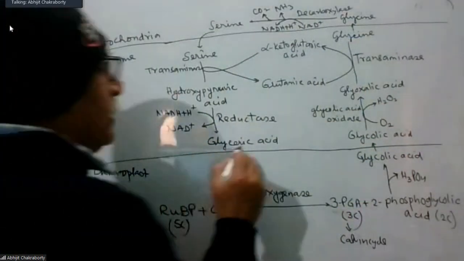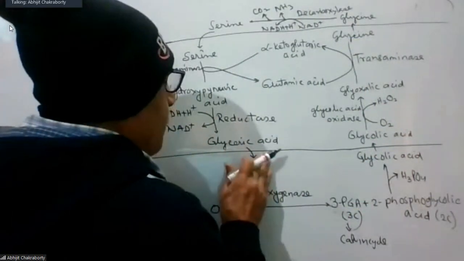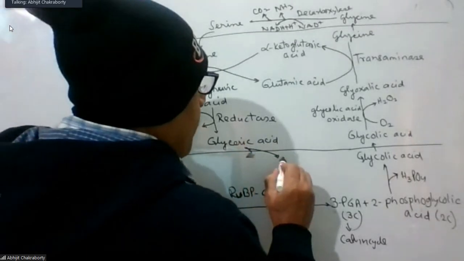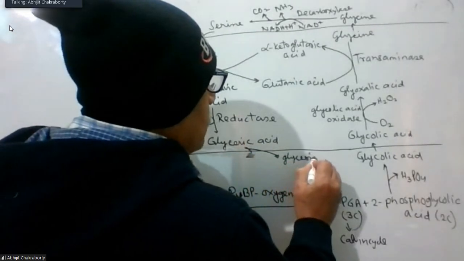Glyceric acid will then return to the chloroplast.